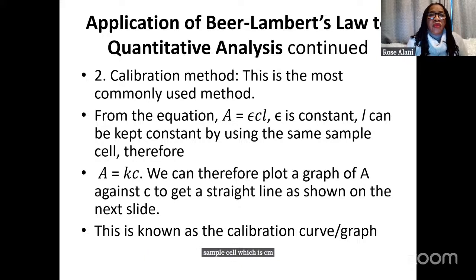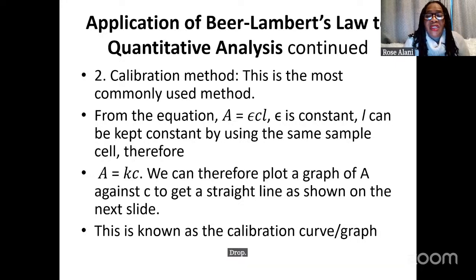So A is equal to KCL. We can therefore plot a graph of A against C, a graph of absorption against concentration, and normally you will have a straight line graph.